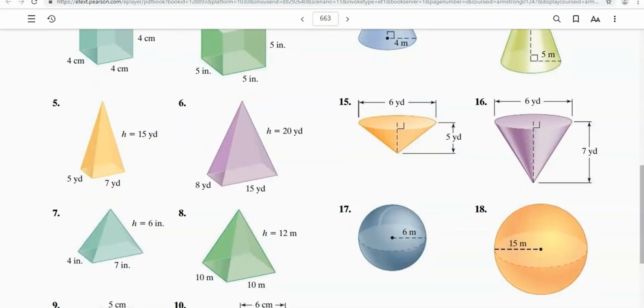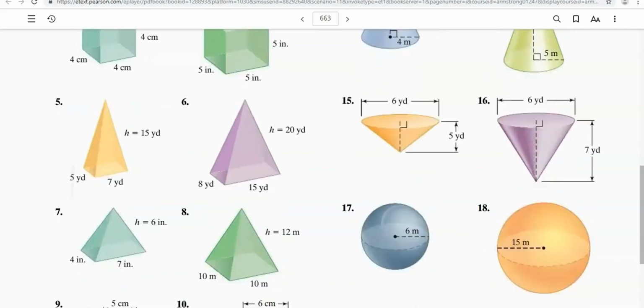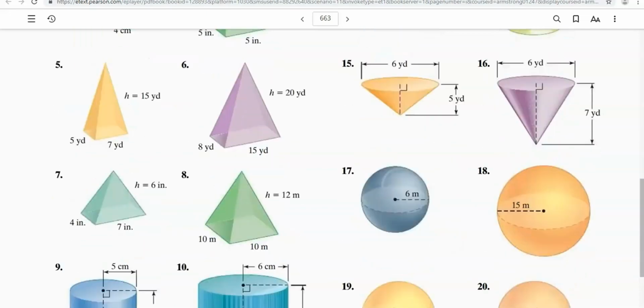So, if you imagine 3 of these pyramids are actually stuck inside here, and they all have the same volume, which is really cool. So if you want the volume of just one of these guys, take the prism and divide it by 3. Okay? So there's all different pyramids.